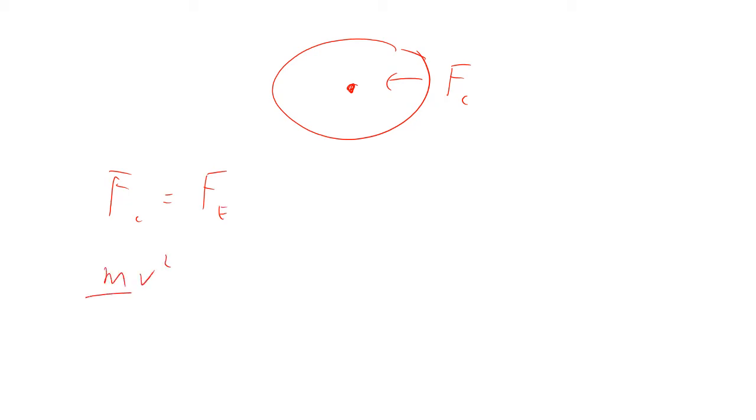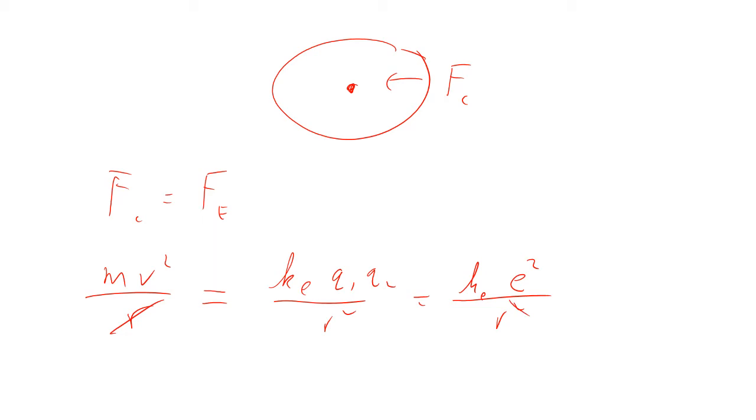So m v squared over r, you remember that from physics 1, equals k_e q1 q2 over r squared, which is k_e times e squared over r squared. So that r cancels, and with a little algebra we can solve for v. v is e times the square root of k_e over m r.